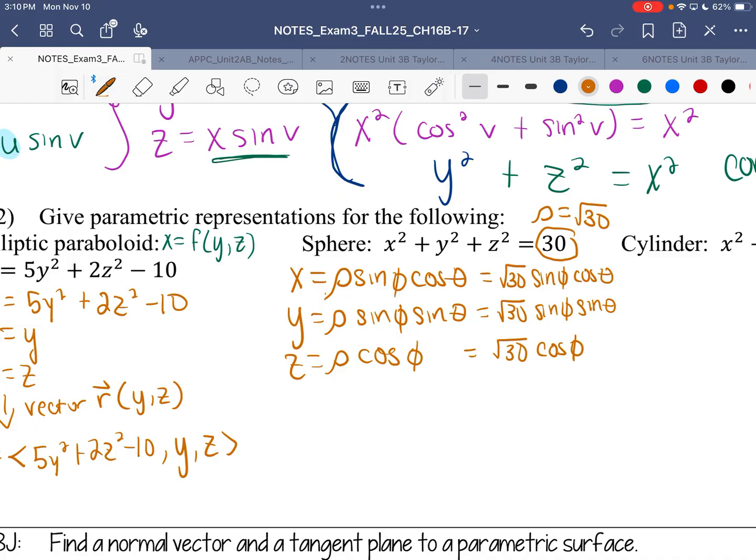So what would r be a function of now, or a vector function of? What are your two variables? Phi and theta. Typically theta comes first, so that's why I'm writing it first.